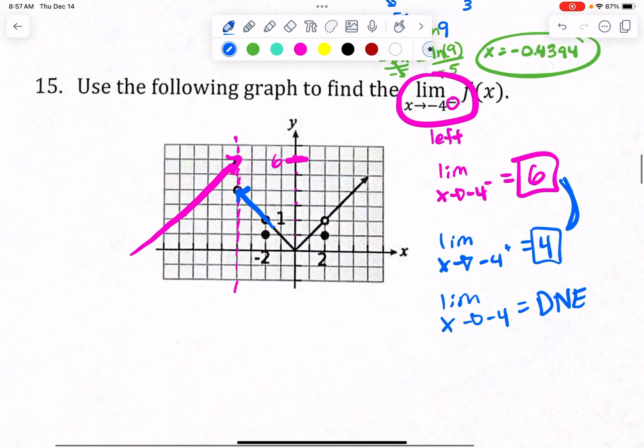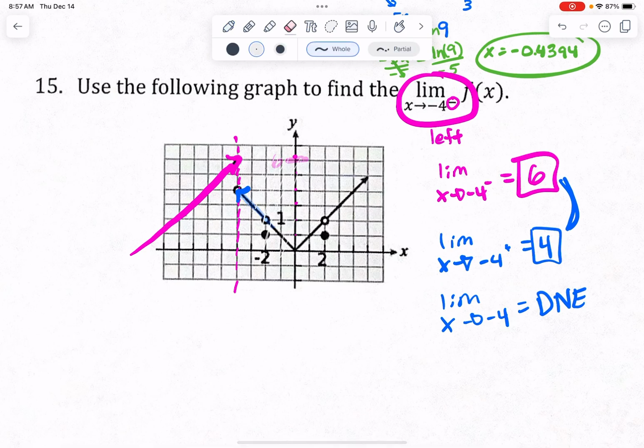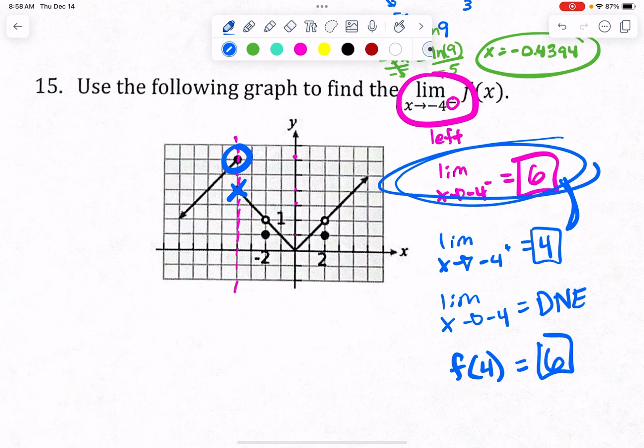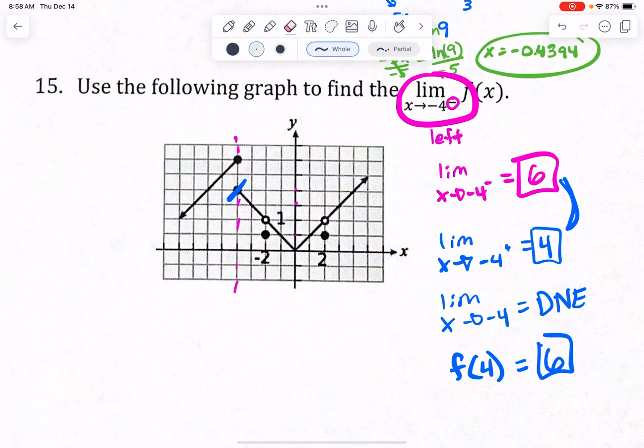And then there's another question I could ask you about 4. I could say, like, what is f of 4? Which is not asking for the limit. It's just saying, what is the actual y value at 4? Okay, and since it's a closed circle here and not a closed circle here, the actual y coordinate at 4 would be 6. So hopefully that cleared everything up. This is the only question that I ask, but just so you're aware, that's how some of the other things fall into play. Okay?